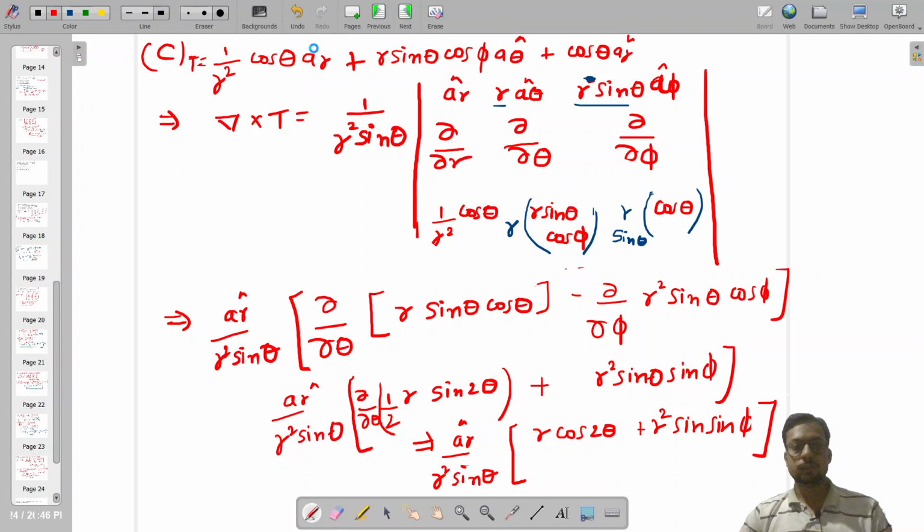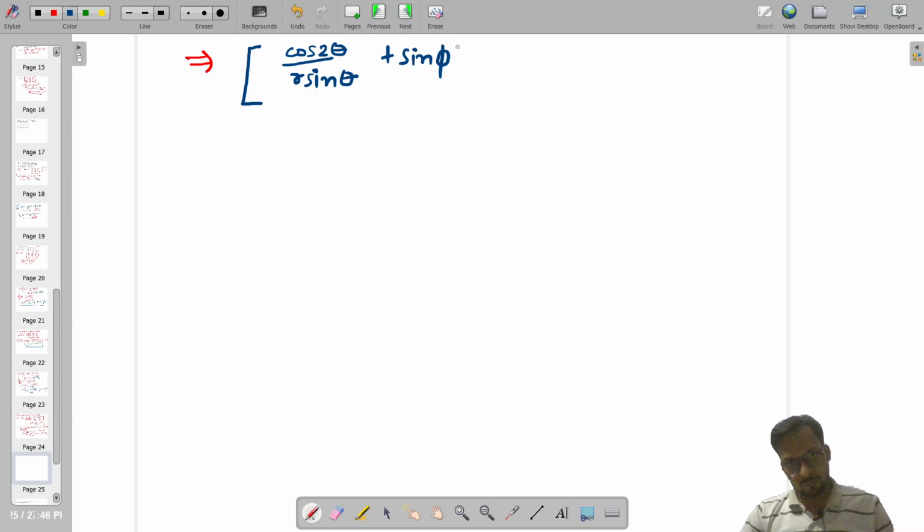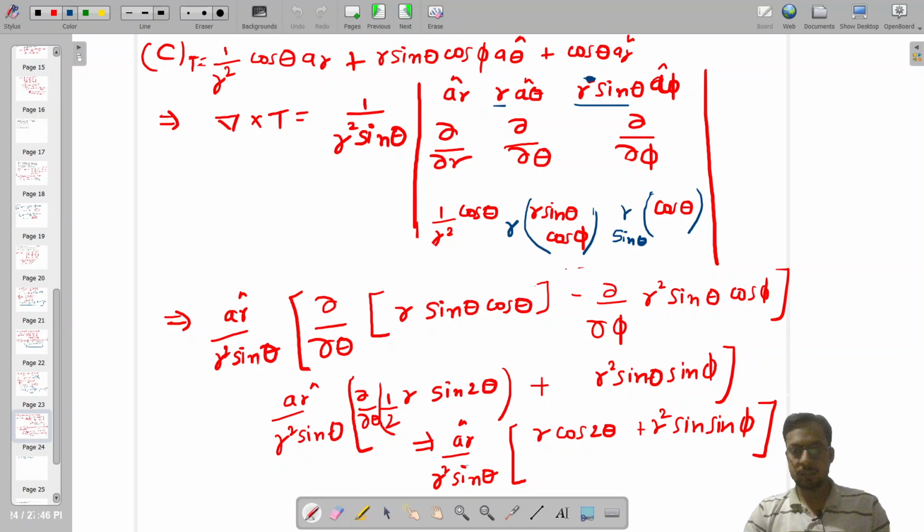So finally, rearranging the terms, it will give cos 2 theta upon r sine theta, one r gets cancelled out, plus sine phi. Yeah, so this is the first term. The r square sine theta cancels out, and the sine phi and one r cancel out, leaving cos theta upon sine theta.